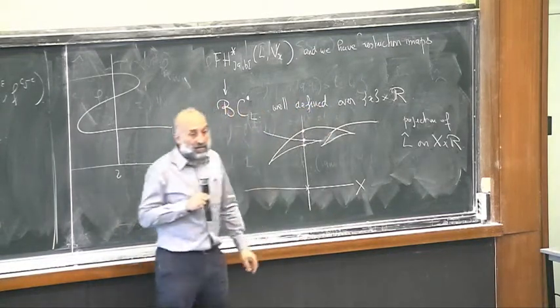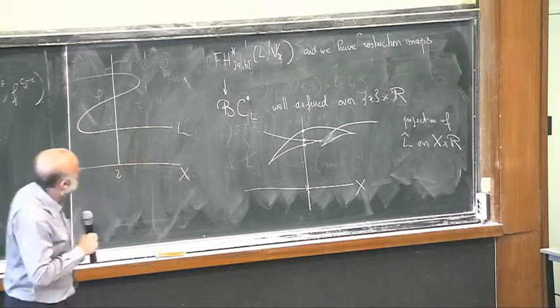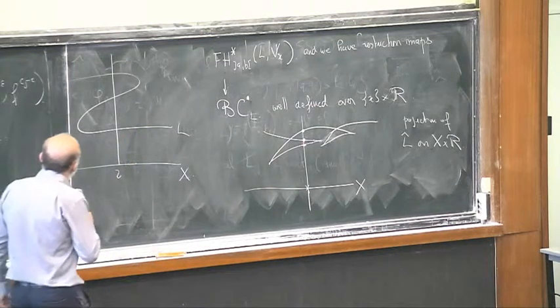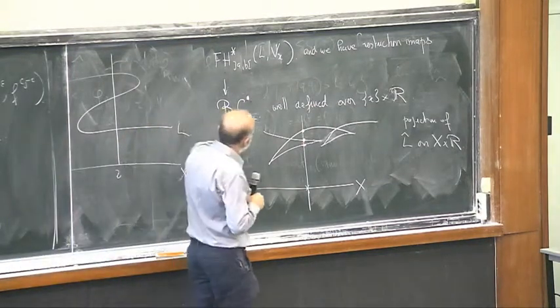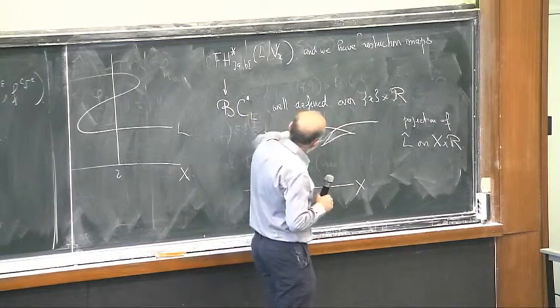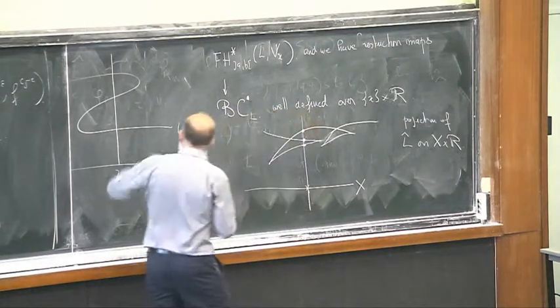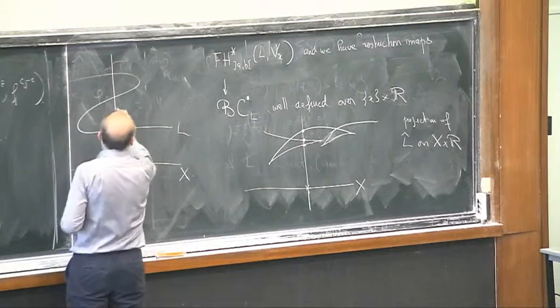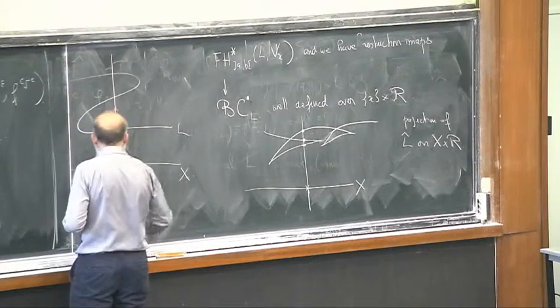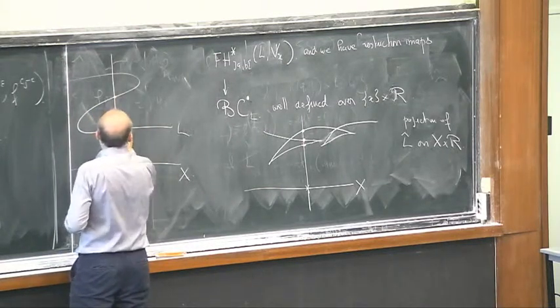And then what you have is that this complex will have arrows which I could represent here, for instance, or I could represent on the other picture. So one, for instance, could be represented.